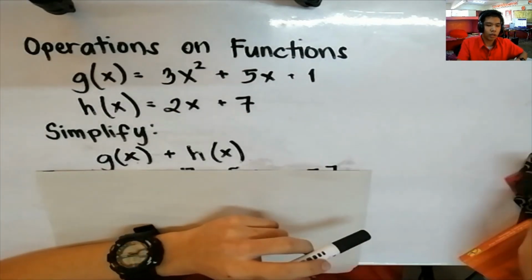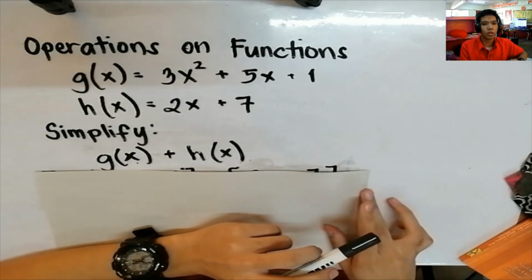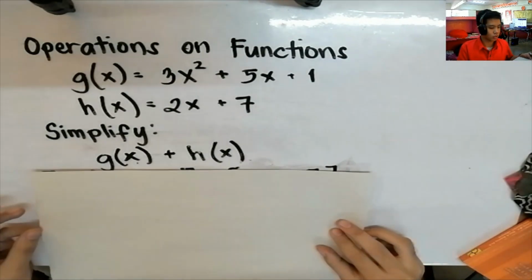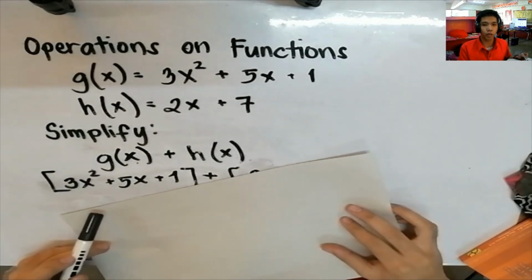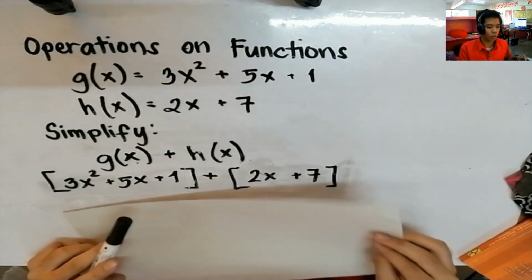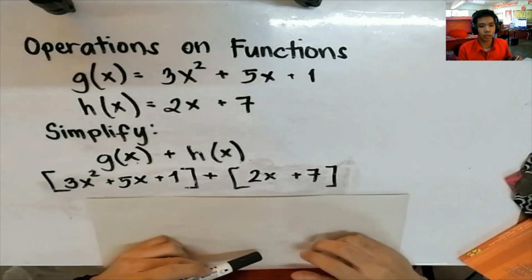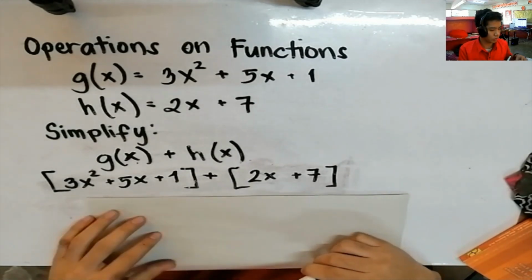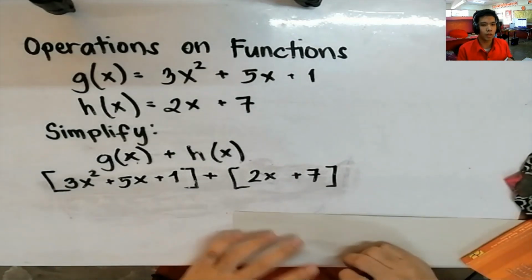Here we can just substitute g of x and h of x with their respective values. G of x is 3x squared plus 5x plus 1, while h of x is 2x plus 7. After this, we can now combine similar terms.